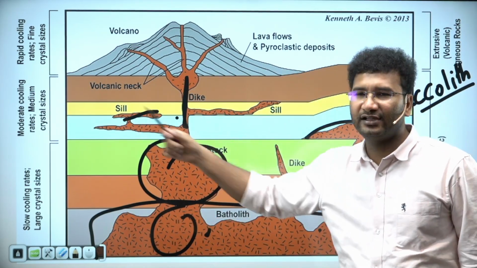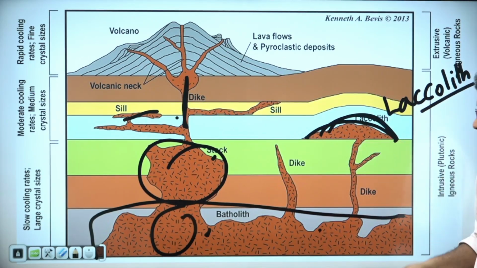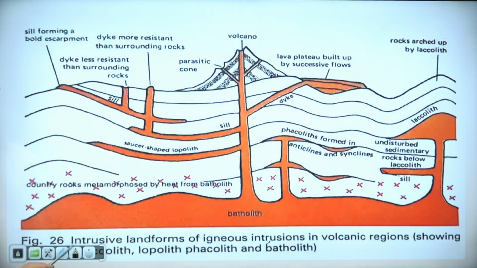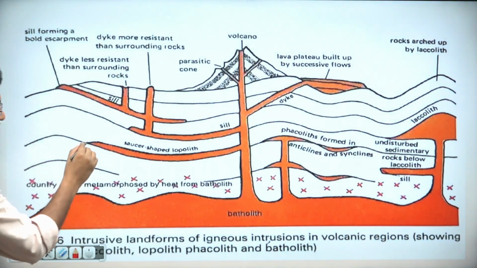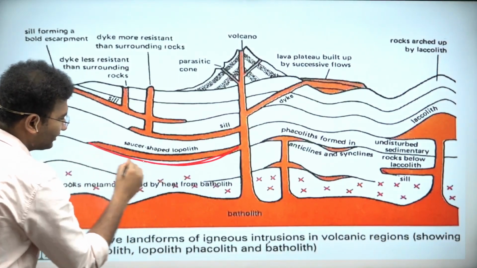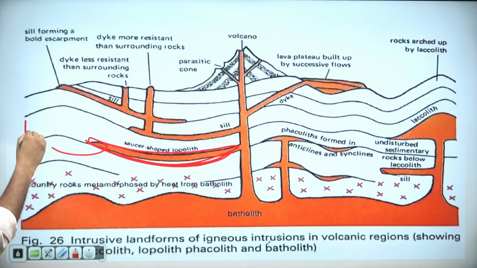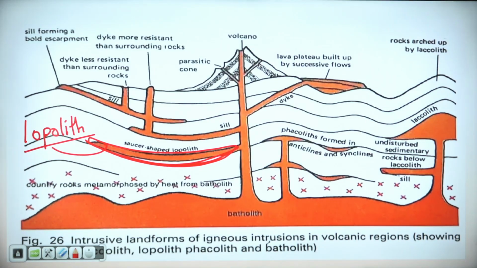Sill is horizontally cooled, dike is vertically cooled, laccolith is dome shaped. Likewise, you also have different shapes which have different names. Now look here. Suppose you have a saucer shaped cooling of this particular rock, you will call this a lopolith.